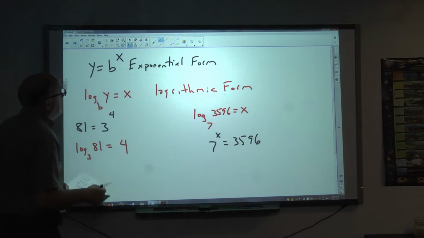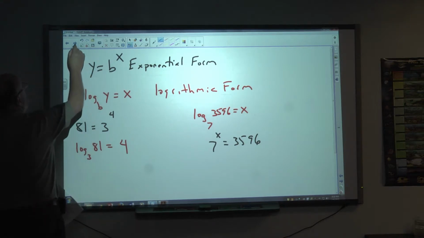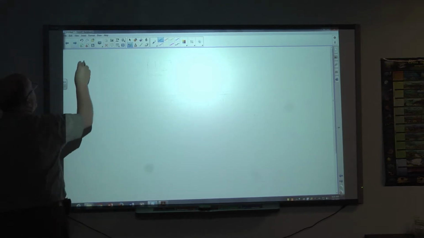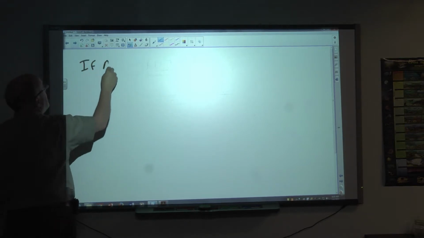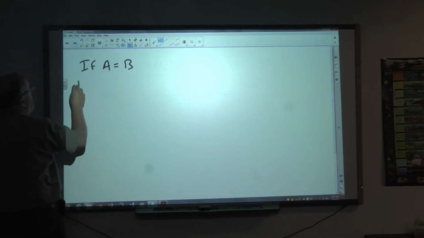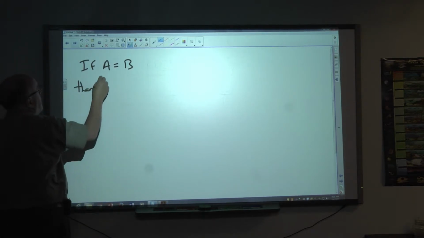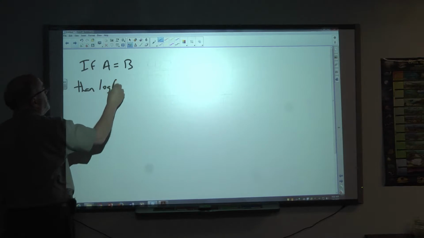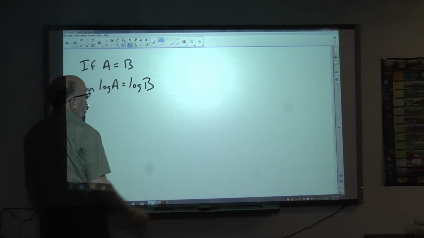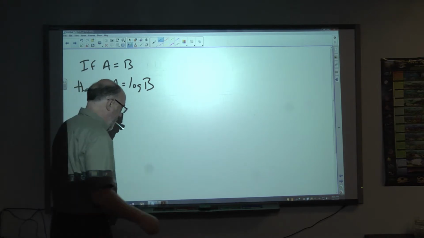Okay? Other thing that we need in order to solve for an unknown are these two statements. And that is, if A is equal to B, then the log of A is equal to the log of B. Right?